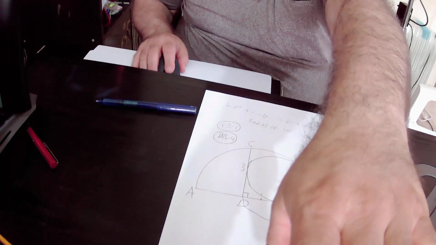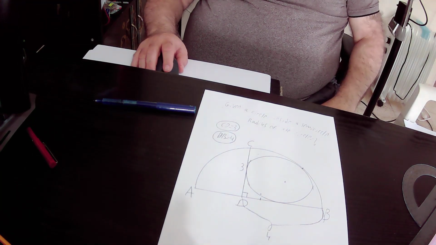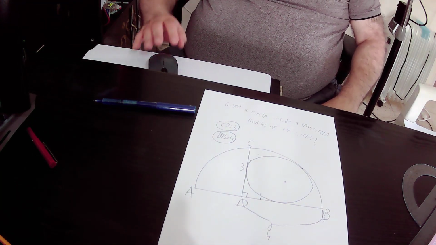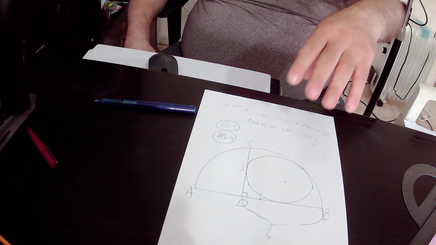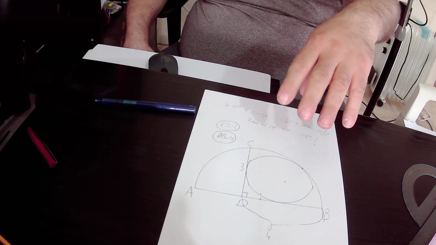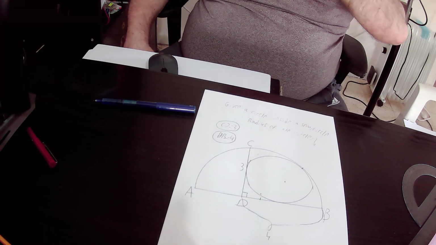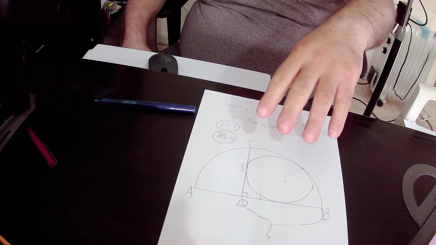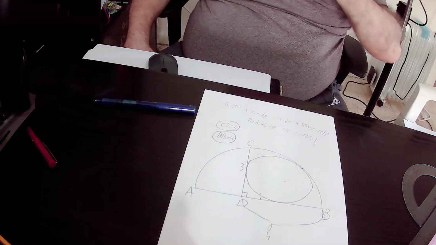And now, in this lecture, we'll find out the radius of the small circle. In the drawing, we have a circle that is inside a semicircle. The small circle is inscribed by a semicircle.